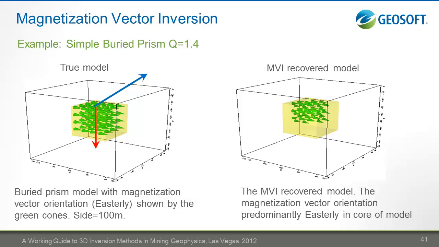So what we're seeing is that the magnetization vector inversion recovers the direction of the true magnetization quite well in this domain and localizes a target body in the volume associated with the true model. This is a very encouraging result and demonstrates that even though we've allowed the extra flexibility of the magnetization vector inversion to recover both direction and amplitude, we're still able to localize the target effectively.